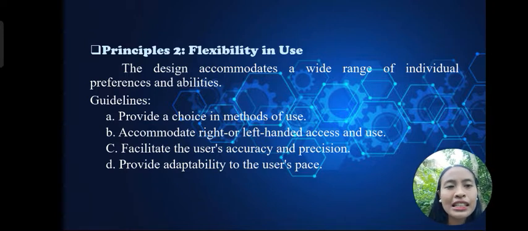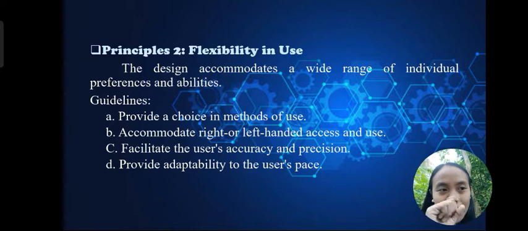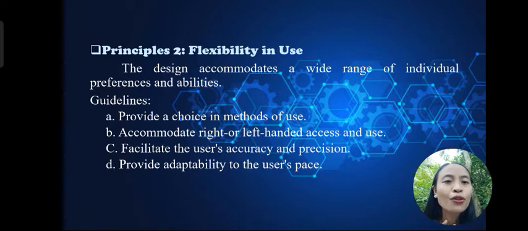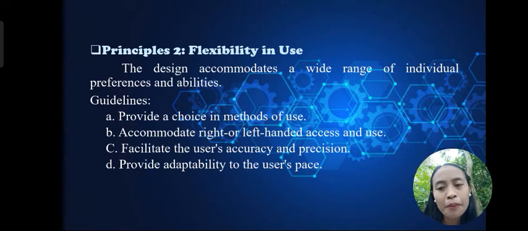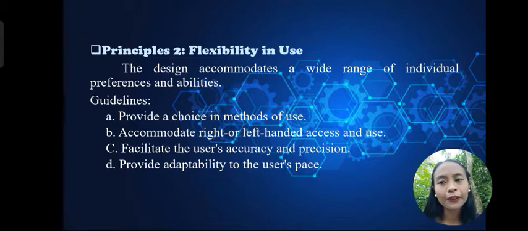So next one, facilitate the user's accuracy and precision. So it is very important as well, most especially in the scientific arena. So we should always aim for accuracy and precision. Next and the last is provide adaptability to the user's pace. So yung design natin, dapat maging adaptable siya sa lahat ng ating estudyante na may iba-ibang pace ng pagkatuto.